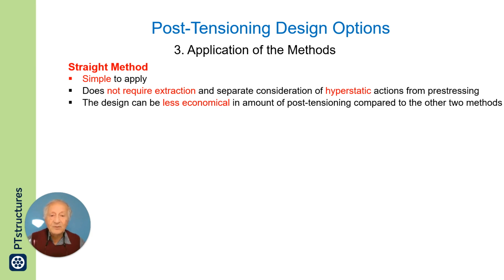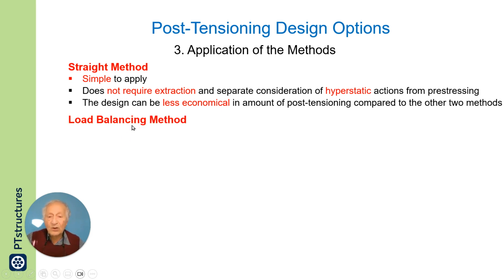When you go to the safety check, you will find you have a little bit more than what you need. The proof of it is that you do not always end up with added rebar.